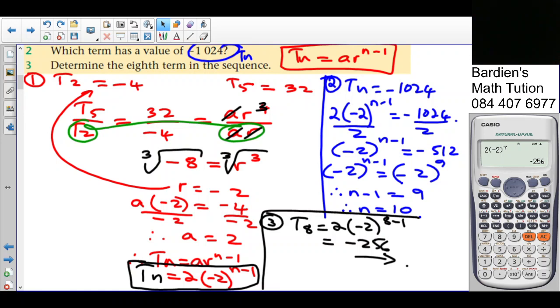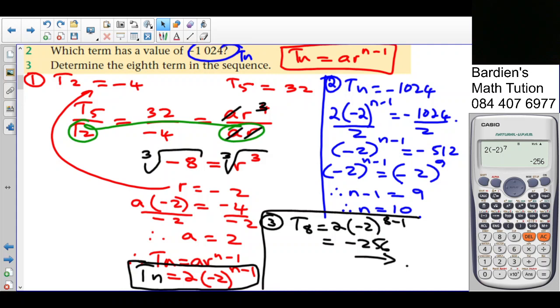So what is term 5 equal to? Okay, it's 32 over negative 4, which is also equal to. What is T5 equal to? A, in terms of the formula, AR^4 over AR. Not so?